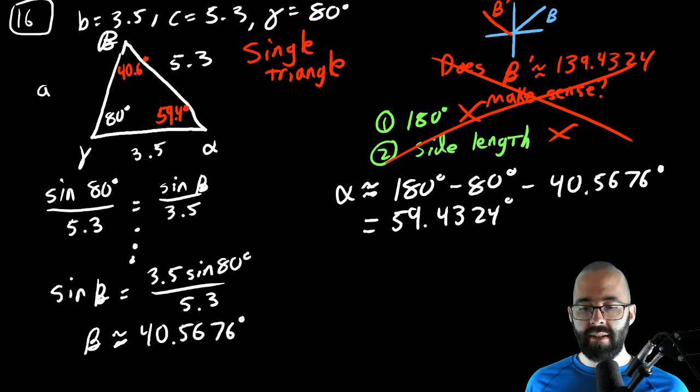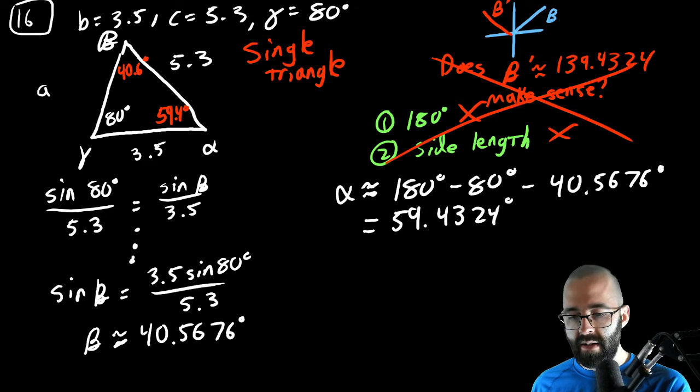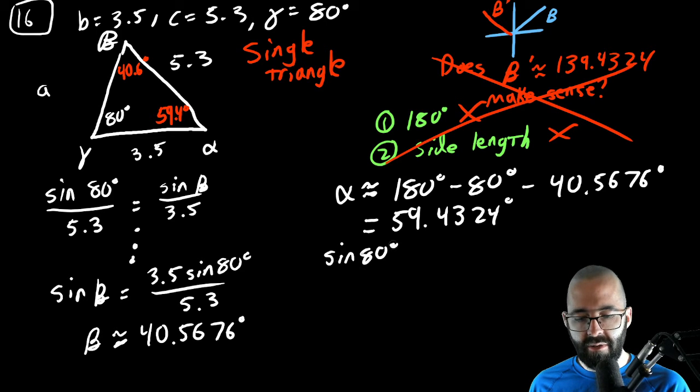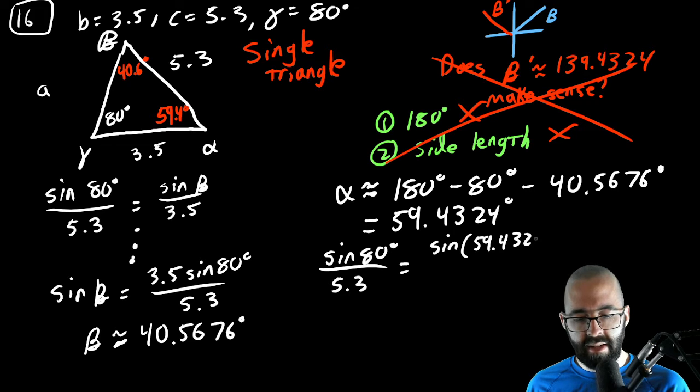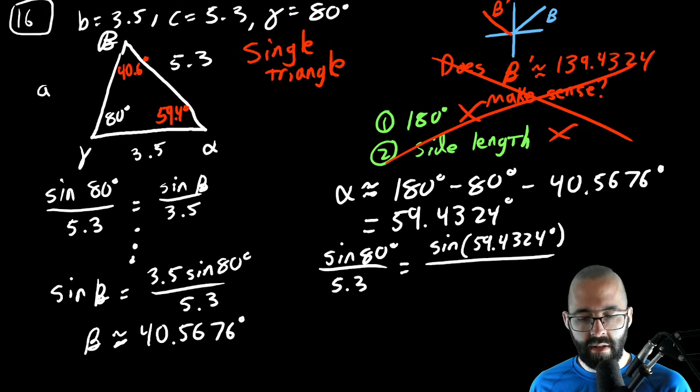Last thing that's necessary is solve for A. Again, let's use the same pair that we used in the first law of sines. But now we're going to use alpha. Going to use some extra decimal places to get a more accurate answer.